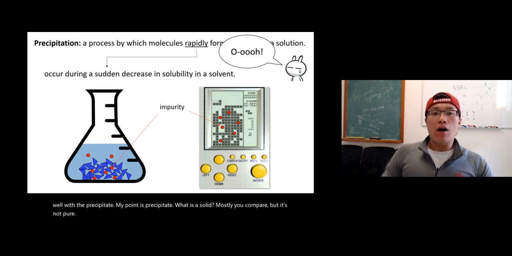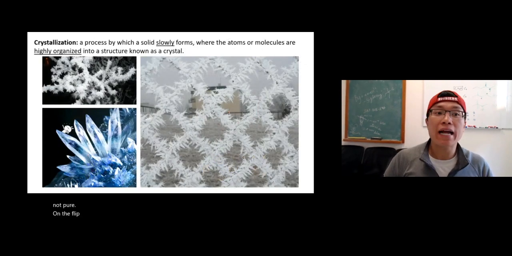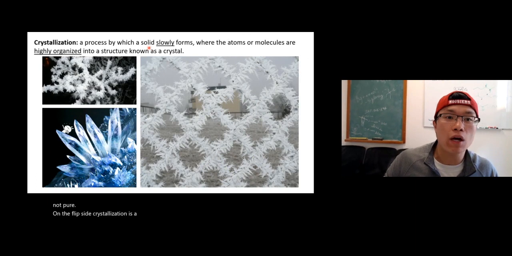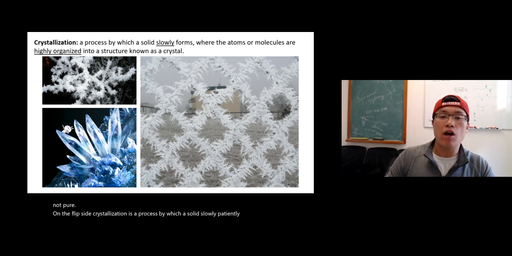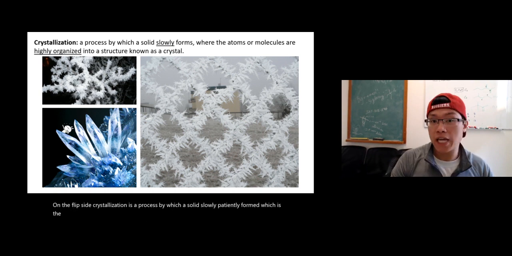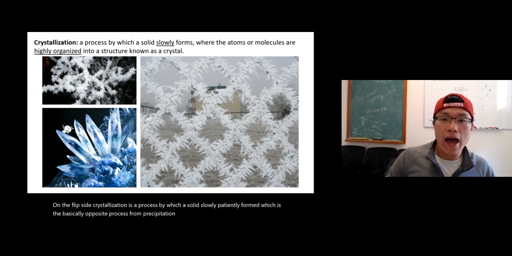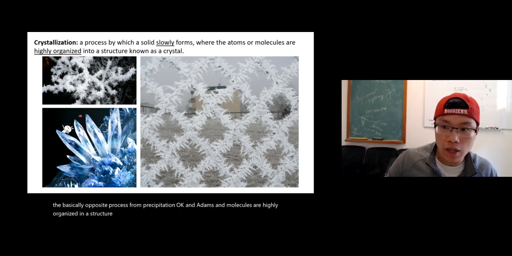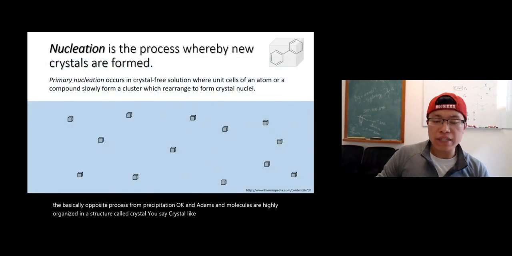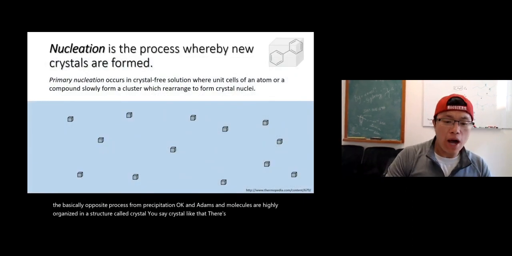Okay. On the flip side, crystallization is a process by which a solid slowly, patiently forms, which is basically the opposite process from precipitation. Okay, and atoms or molecules are highly organized in a structure called a crystal. That's why you see crystals like that. There's a science that studies how crystals are formed.